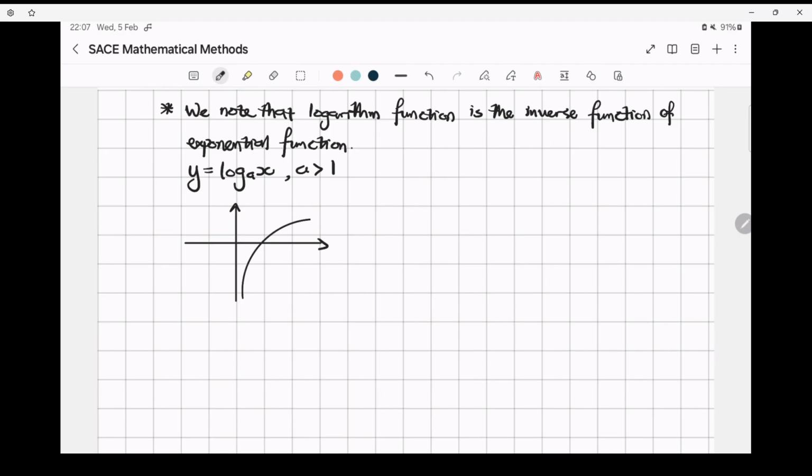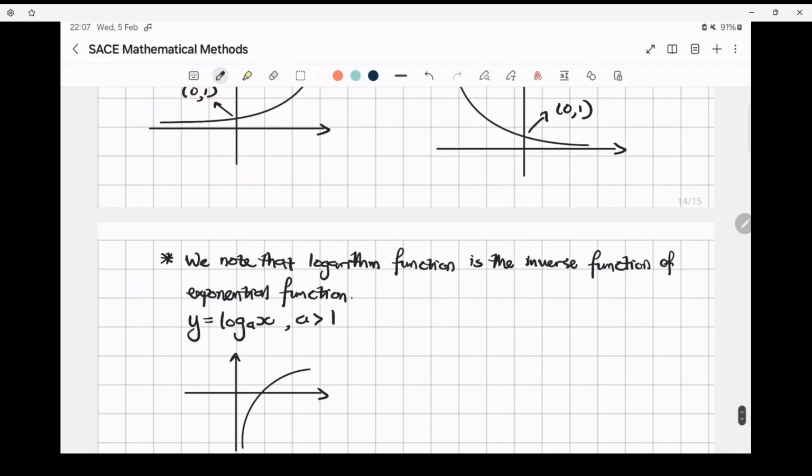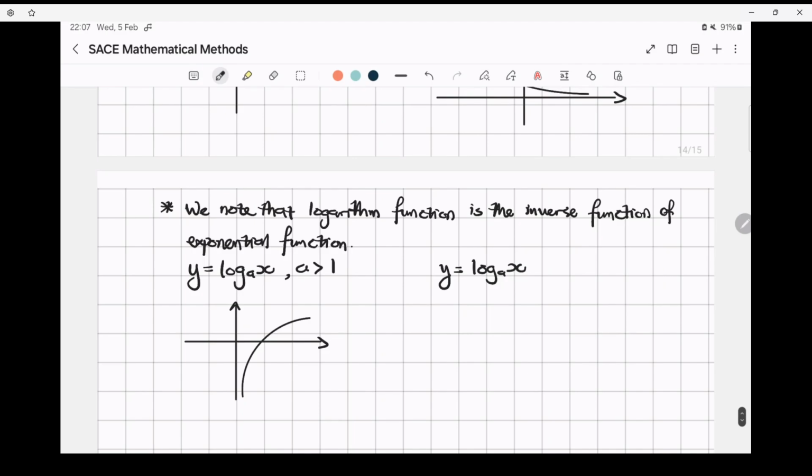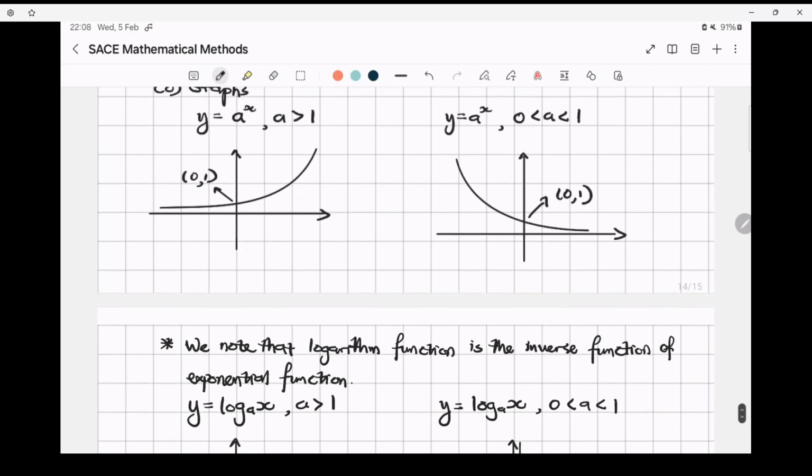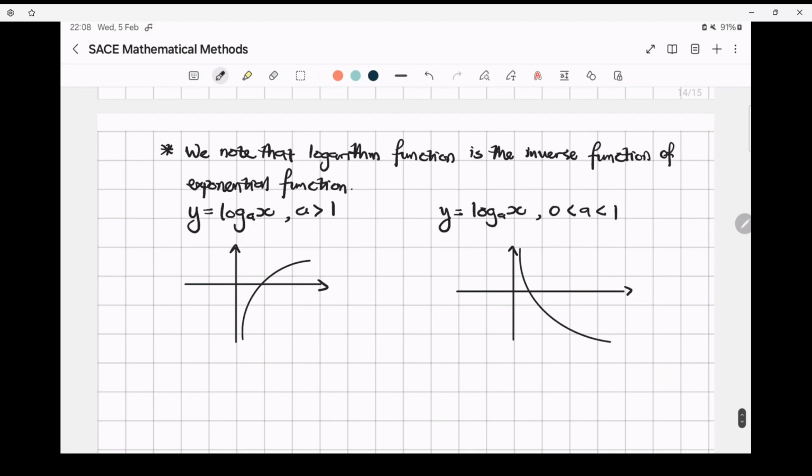If your a is between 0 and 1, once you reflect it on y equals x, it would then look like this. Okay? So that would be your shape of graph for logarithms.